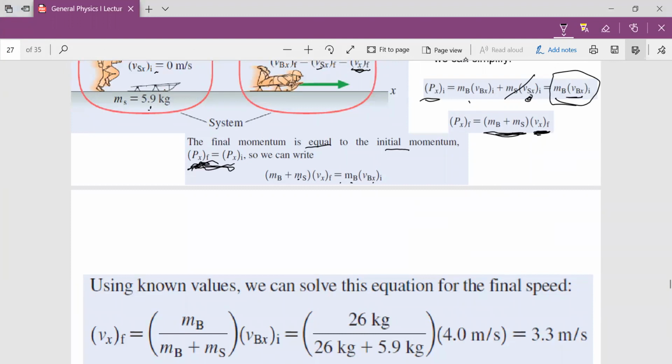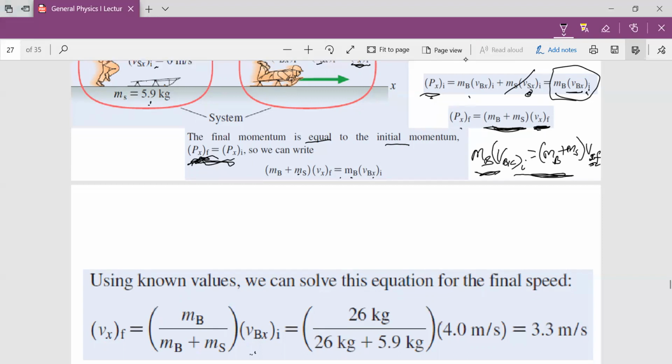So we'll have something like this. Don't be confused: m_B v_B initial is equal to (m_B + m_S) v final. So make v the subject of the formula. That's how we got this one. So this is the equation, equating P final to P initial.